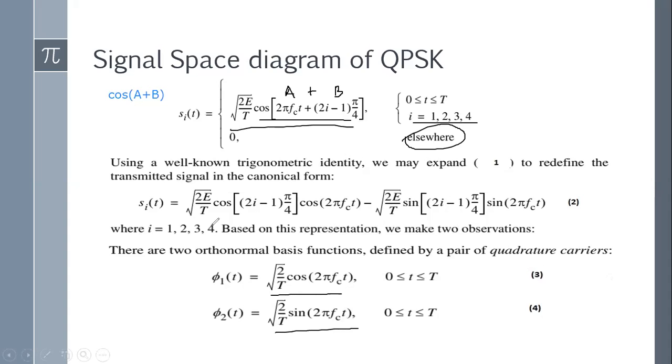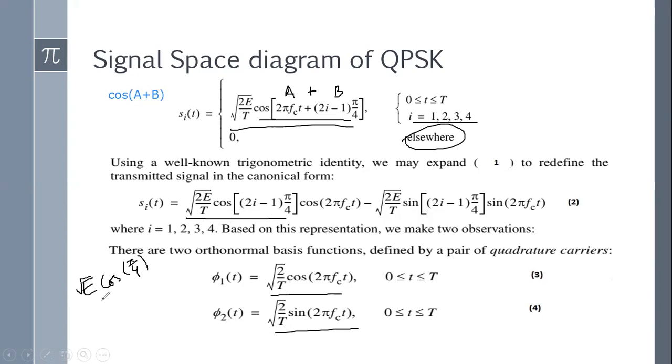And what is remaining? The remaining portion in this part is root E and the cosine of (2i minus 1) pi by 4. So I am simply writing pi by 4. Okay, having difficulty writing with the mouse pad, so you may understand.